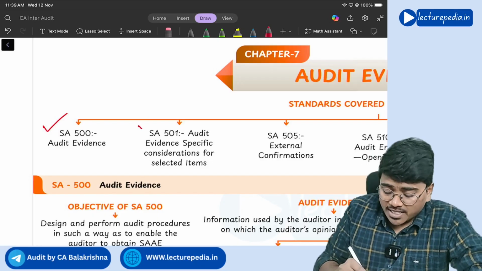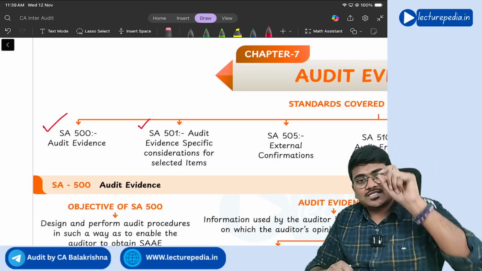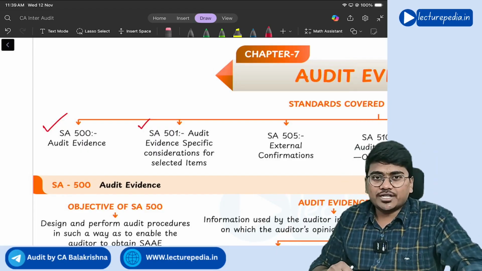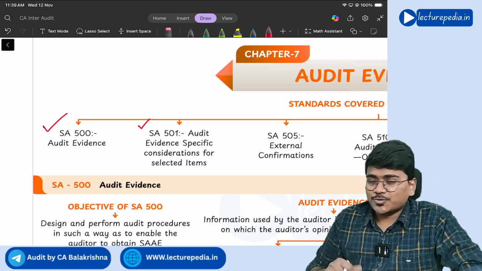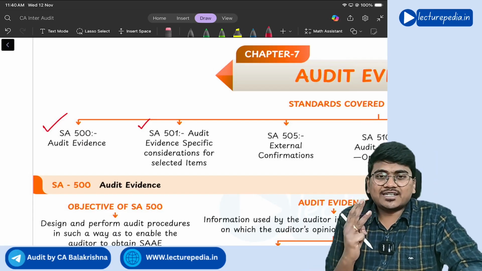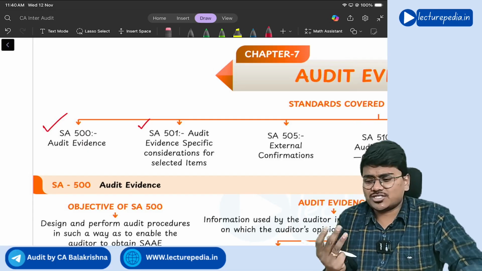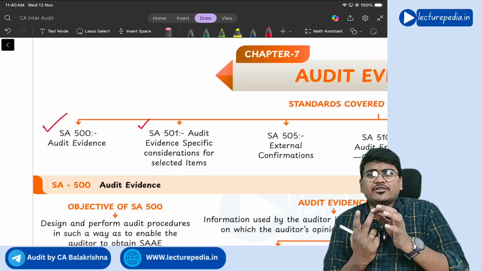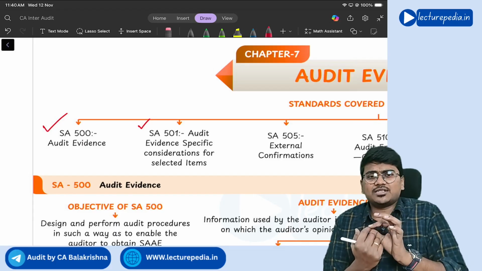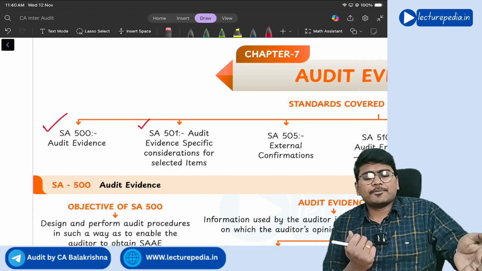Next we have SA 501. See, SA 501 also deals with audit evidence only, but with respect to certain 3 selected items. Okay, in case of those 3 selected items, which are nothing but inventory, litigations and claim, and presentation and disclosure of segment information.